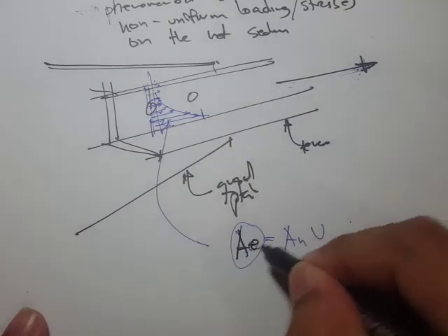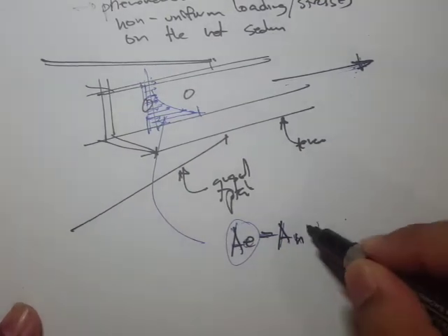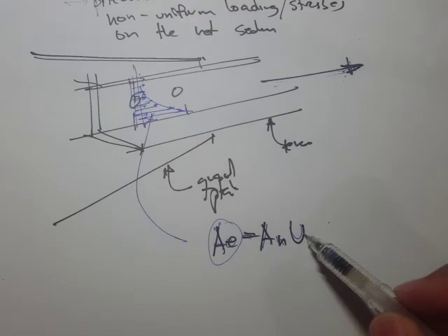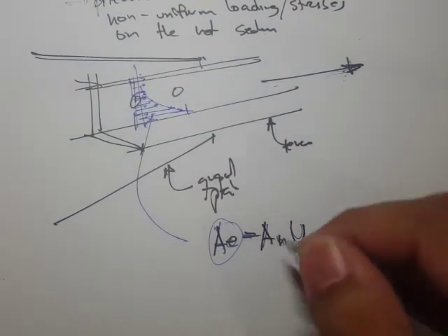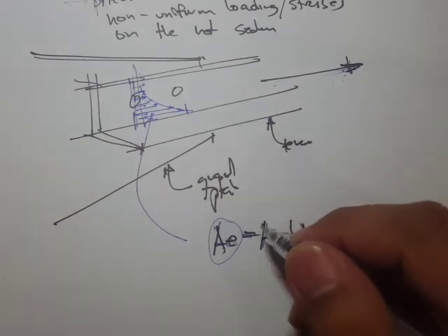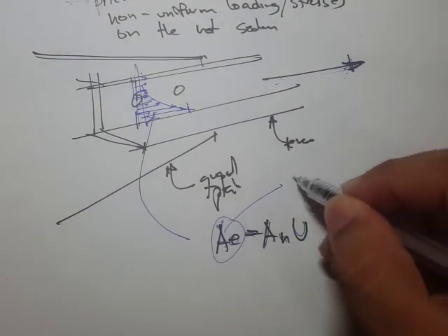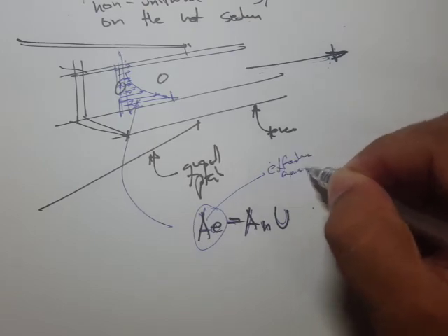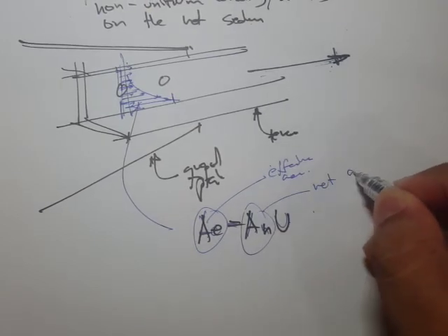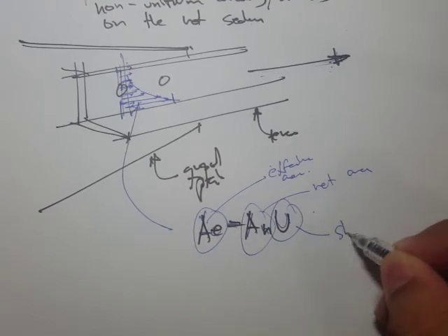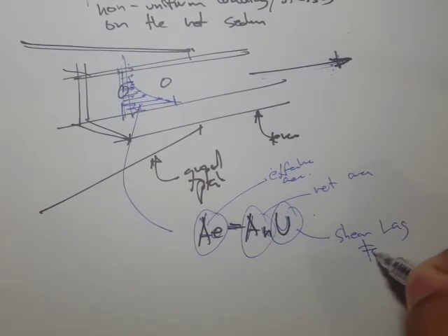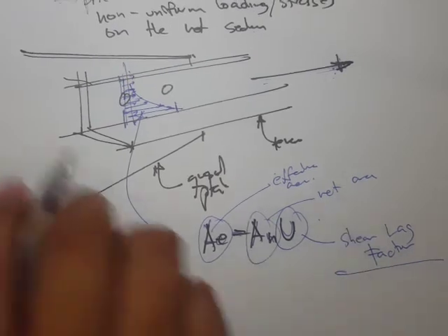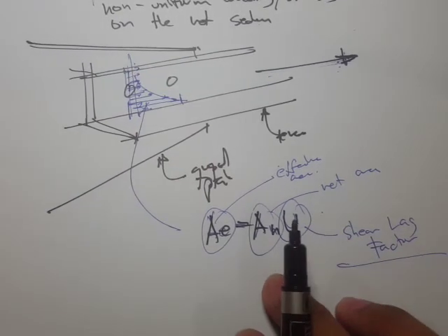Okay, so this is our equation: A E is equal to A N times U. This U is different from the U that we used in the block shear equation. A E is the effective area, A N is the net area, and U is our shear lag factor. So it's actually reducing.